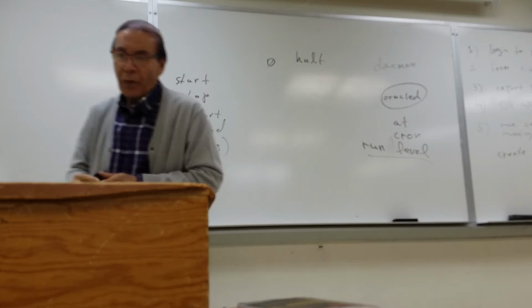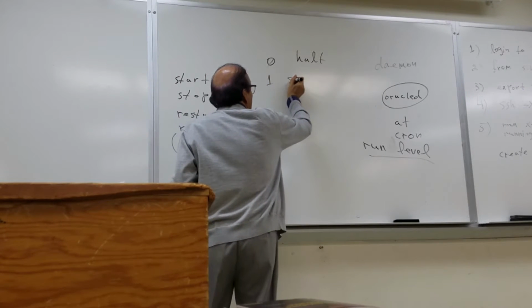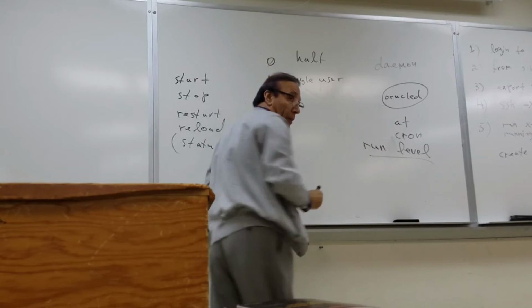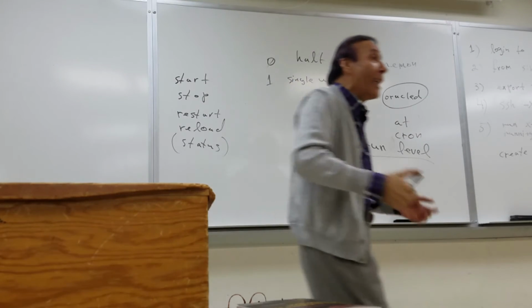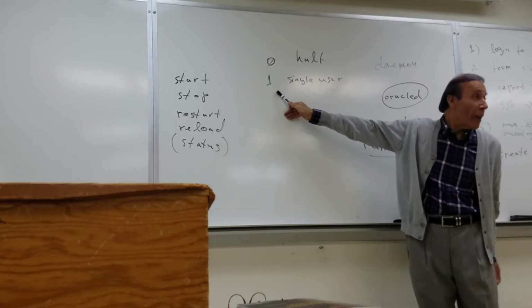Okay? So, run level 1 means single user. What does that mean? Whenever a systems admin wants to do some serious job and does not want anybody else to log into the system or run any application, he wants to be the only person on the machine, he immediately sets the operating system to run level 1.